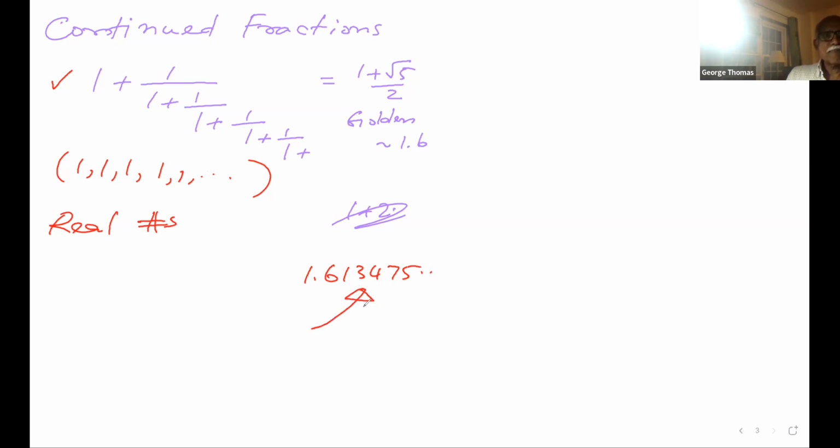For one, this is only in base 10, isn't it? In base 5, it won't look like this, would it? No, sir. So a decimal representation, deci has to do with 10. Duodecimal would be base 12.